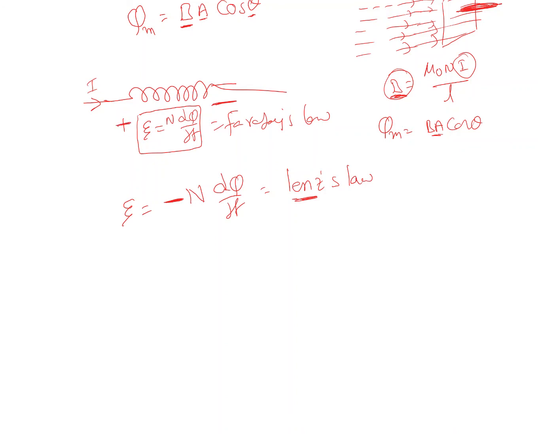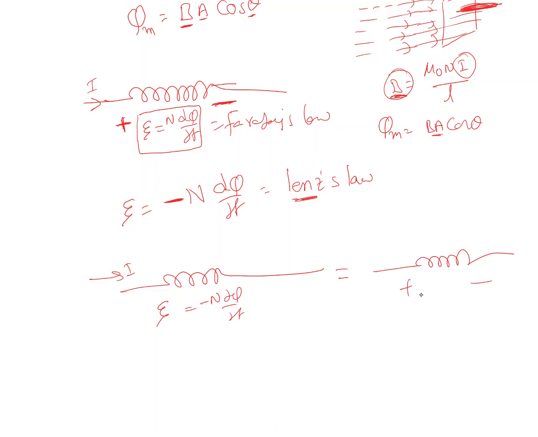That's why here this is plus and that's minus; if I put plus and minus, I don't need the negative sign. Faraday's law just gave you the formula with d phi by dt. These both are saying the same thing.